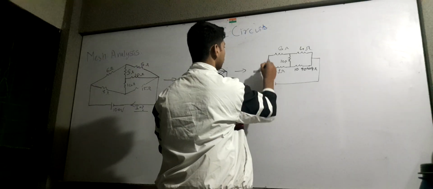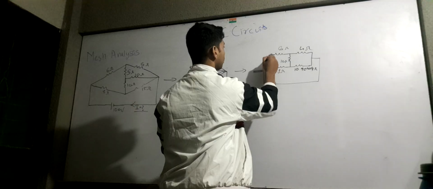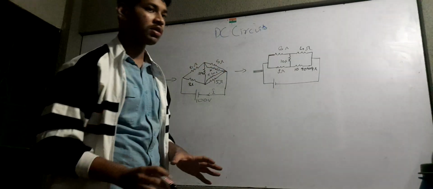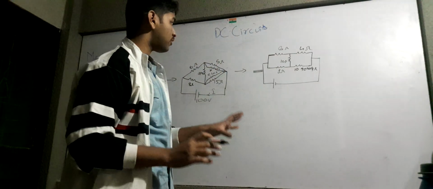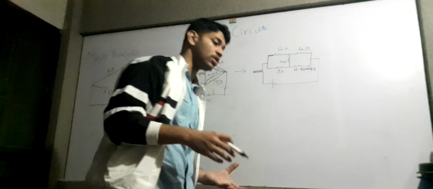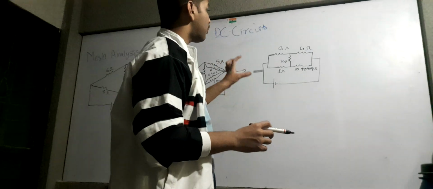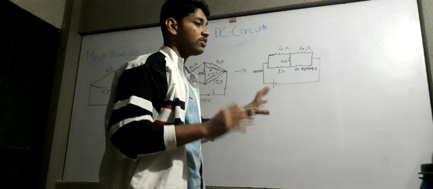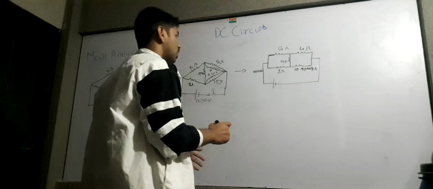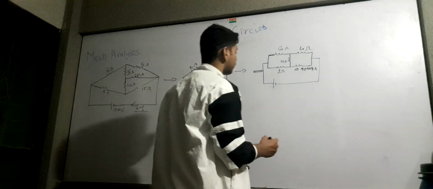So what is a mesh exactly? A mesh is the smallest part of a circuit which does not contain a loop. A mesh is a closed loop in a circuit which does not contain any further smaller loops. So what can be our meshes right here?